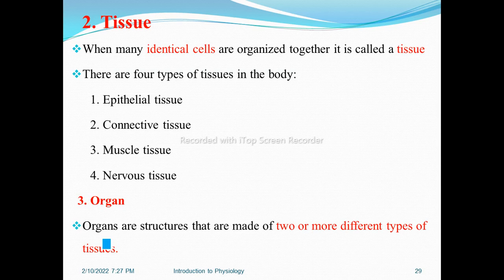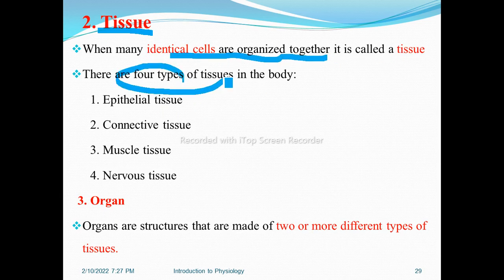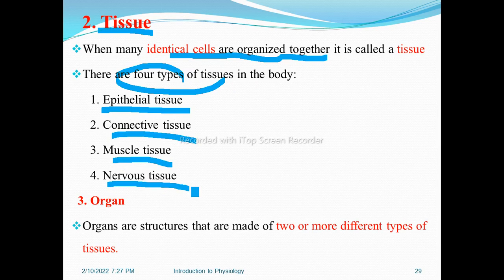Identical or similar cells having similar origin and similar function are grouped together and give us tissue. When many identical cells are organized together, it is called tissue. There are four main types of tissues: epithelial tissue, connective tissue, muscle tissue, and nervous tissue.